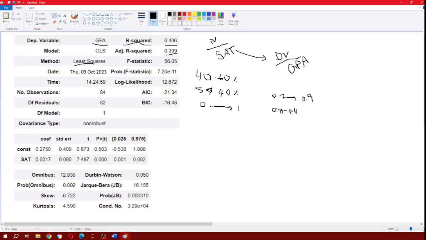The method for this is the least squares. To understand it, the model is OLS, the ordinary least squares model, and the method is least squares. Just in a nutshell, with the simple linear regression we are looking for the best fit model or best fit line, and we're looking at different components of the line, such as SSC, SSR, SSD.